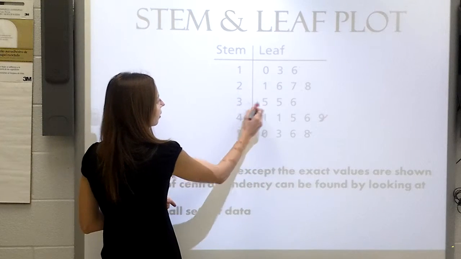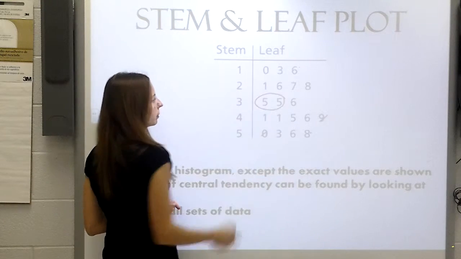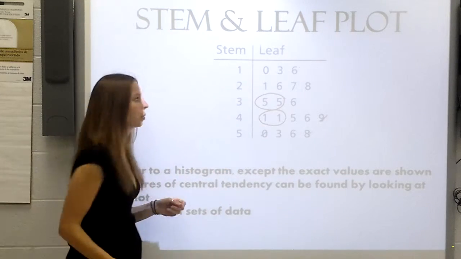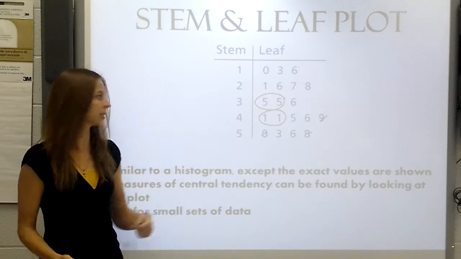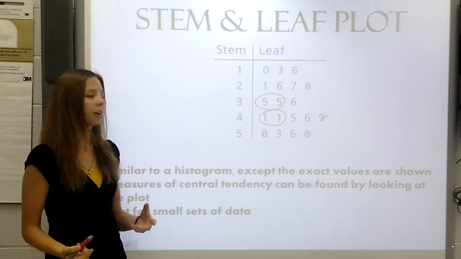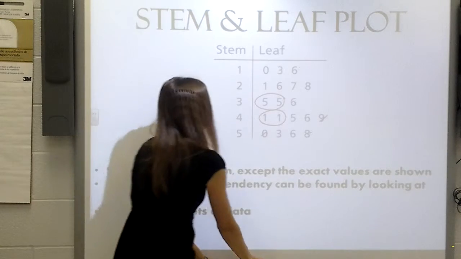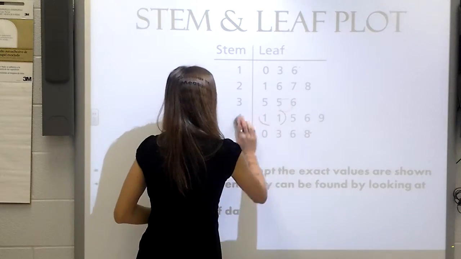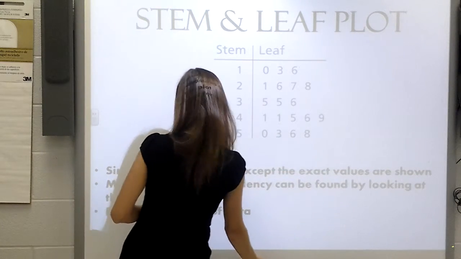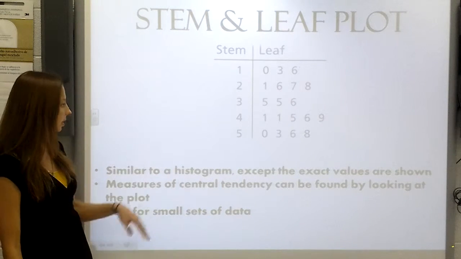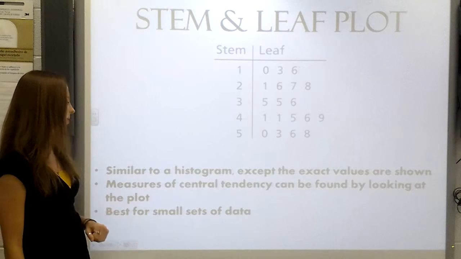So here, 35 repeats 2 times, and we can also see that 41 repeats itself 2 times. So therefore, your mode would be 35 and 41. Okay, once again, similar to the dot plot, the stem and leaf is best used with small sets of data.